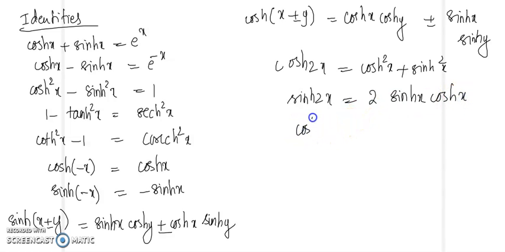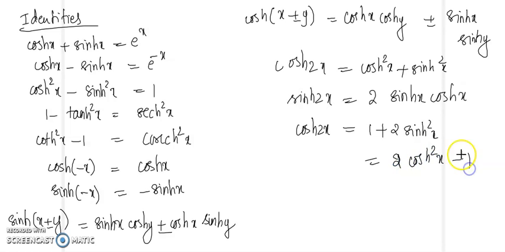Then cosh 2x is again equal to 1 plus 2 sinh square x, and that is equal to 2 cosh square x minus 1. So these are a few identities.